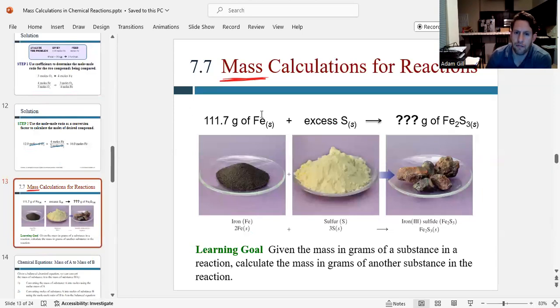And so if we have a certain amount of a starting material or reactant, can we calculate the amount of product? And to do that, we're going to have to look at molar masses. So the learning goal here is, given the mass in grams of a substance, calculate the mass in grams of another substance in the reaction.